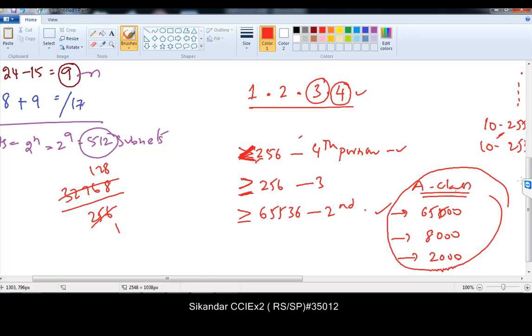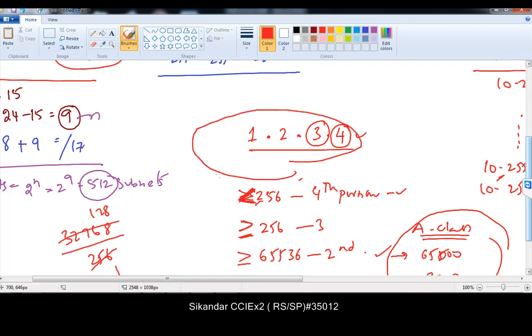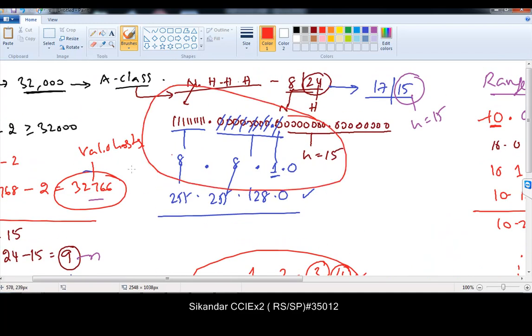For those shortcut methods, whatever tips I gave here, and using this 2 to the power of h value, and how many bits converted, and what is the subnet mask, this understanding is very important. If you don't have a proper understanding of step-by-step calculations, it becomes very difficult for you to follow the shortcut methods.